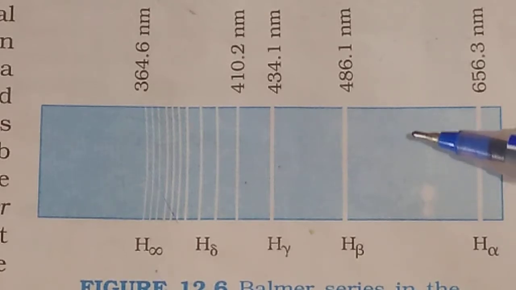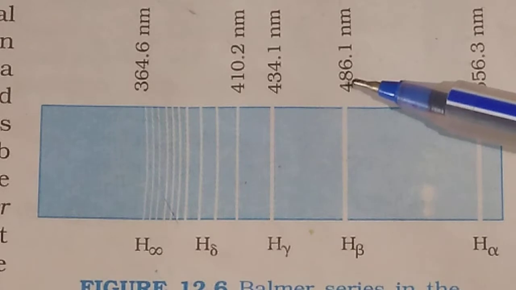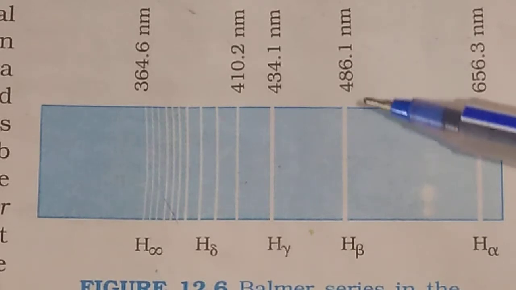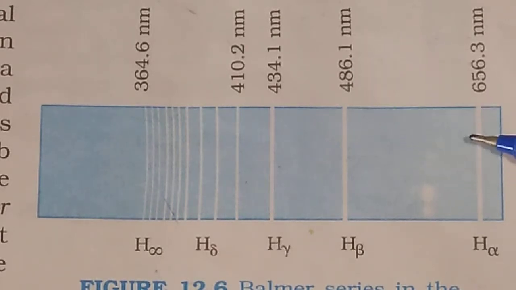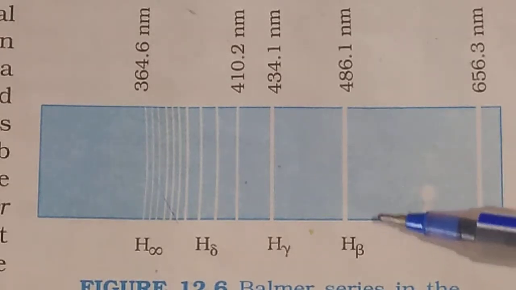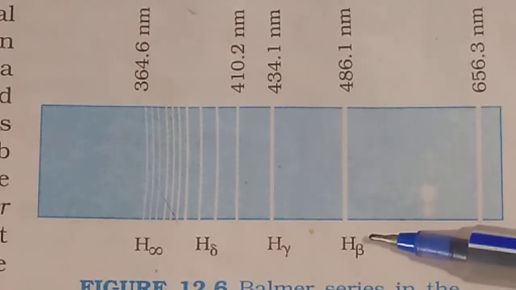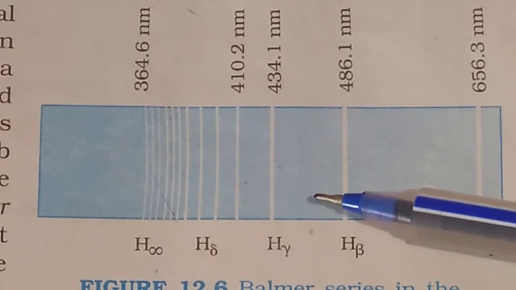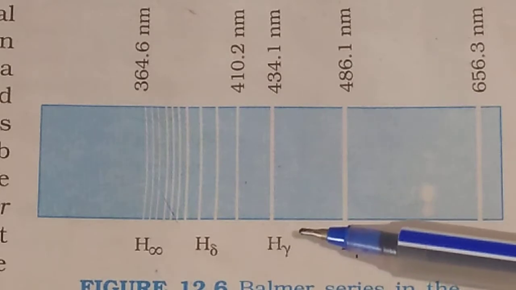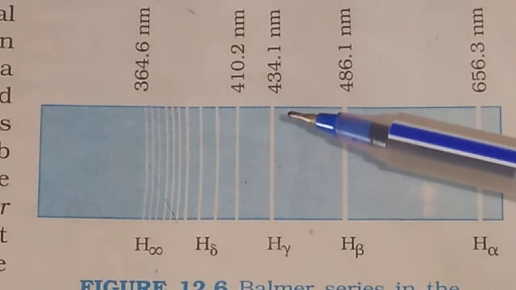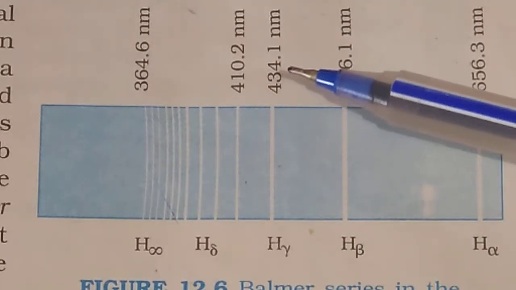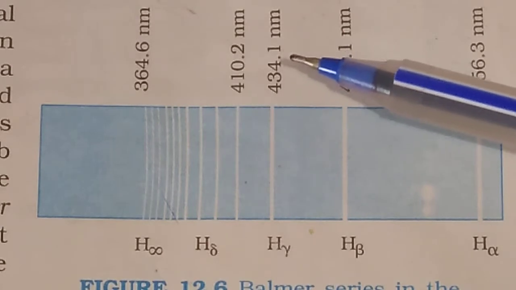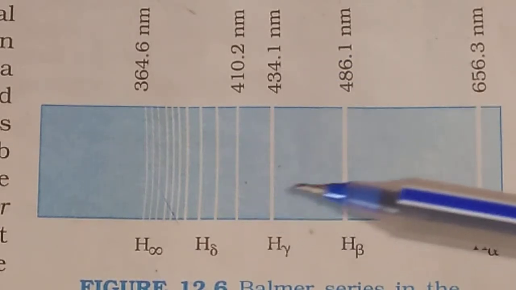The line with wavelength 486.1 nanometer, next to the red line, is a blue-green line, called the H beta line, and the line next to it is the H gamma line with wavelength 434.1 nanometer, and so on.